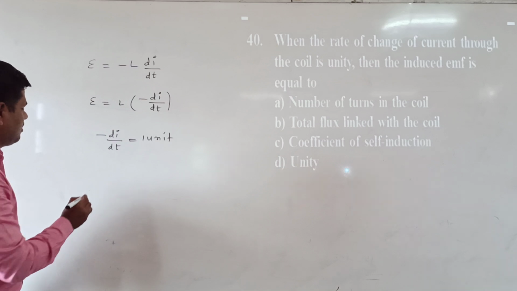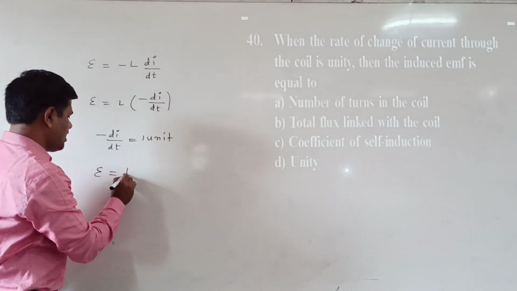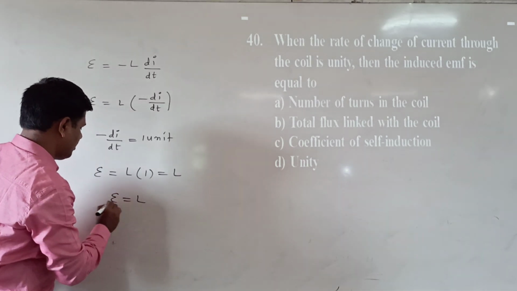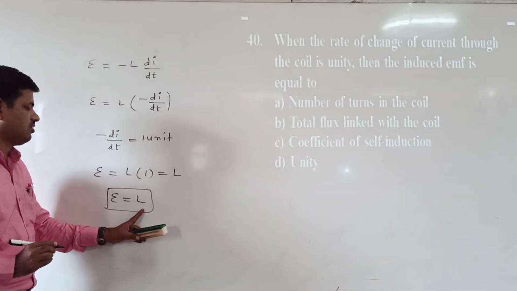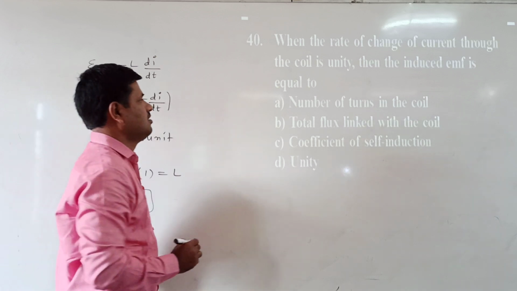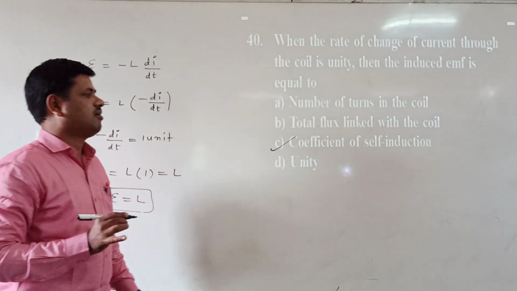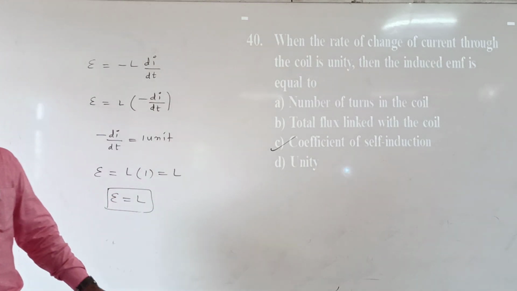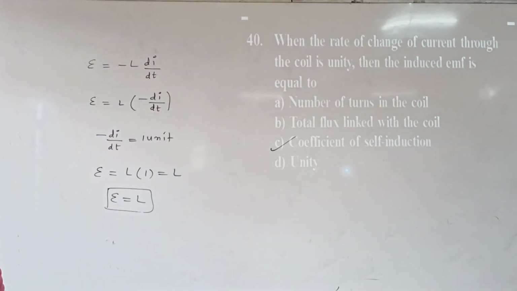So epsilon is equal to L into 1, which is L. So epsilon is equal to L, meaning induced EMF is equal to the coefficient of self-induction. C option is correct. This is question number 40.